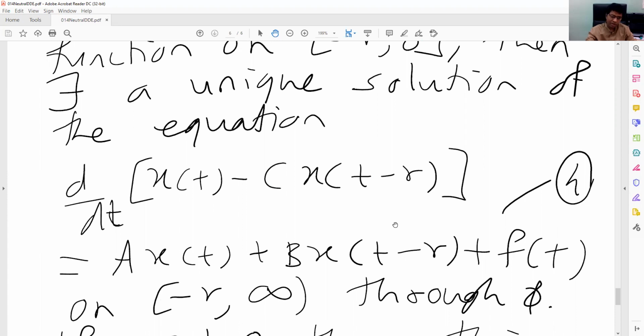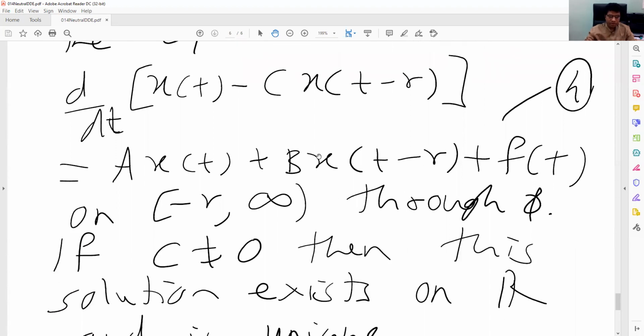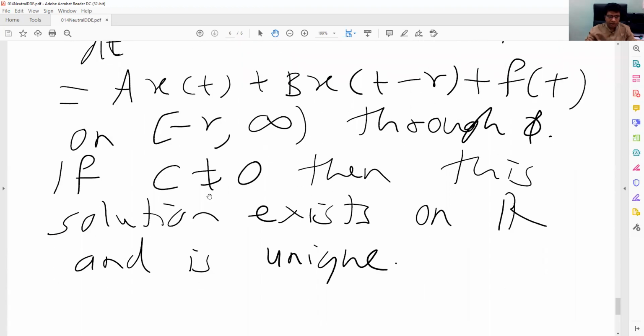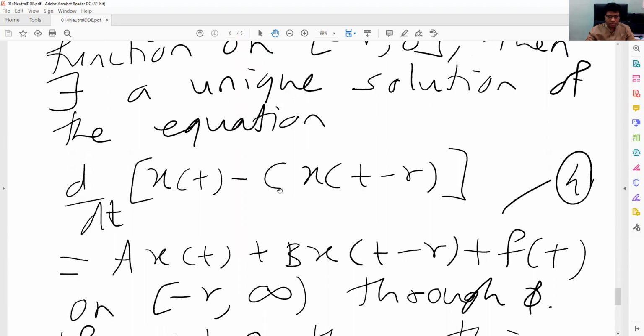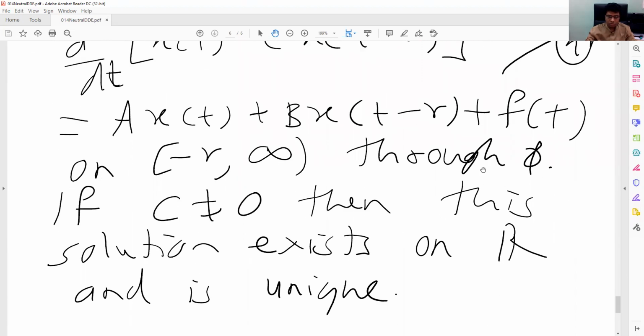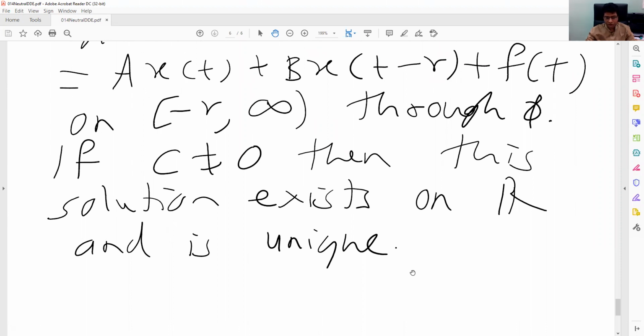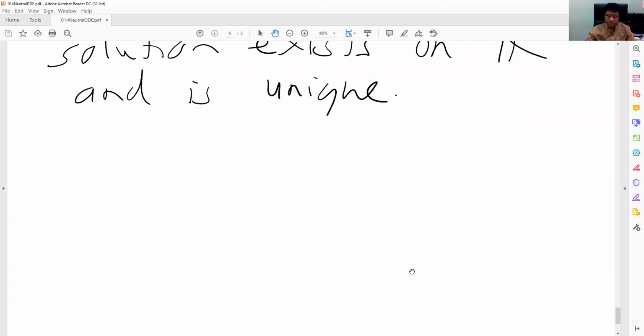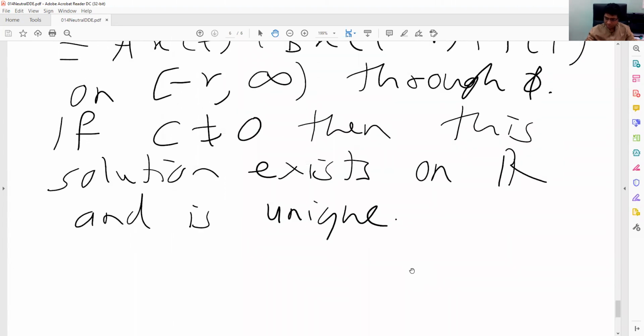What we are doing is calling x of t minus c x of t minus r as y of t, for example, and then taking its derivative. The solution exists on minus r to infinity. If c is non-zero, then this solution exists and is unique. Let us continue our discussion.